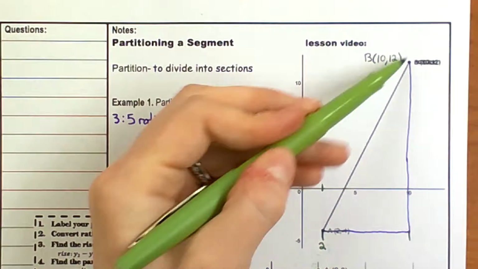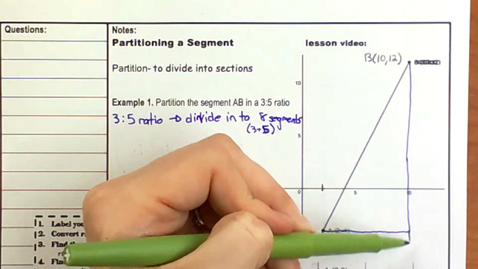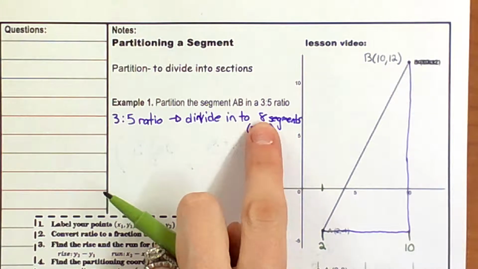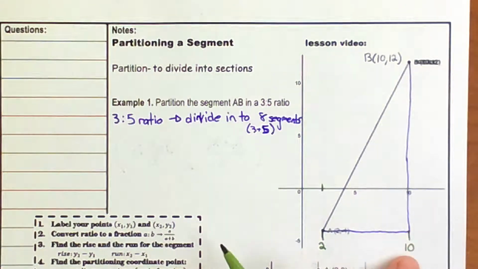And over here, this value is 10. I want to break that into 8 segments. What's the difference between 2 and 10? 10 minus 2 is 8.